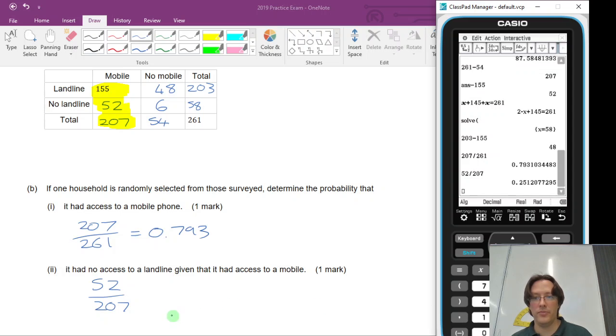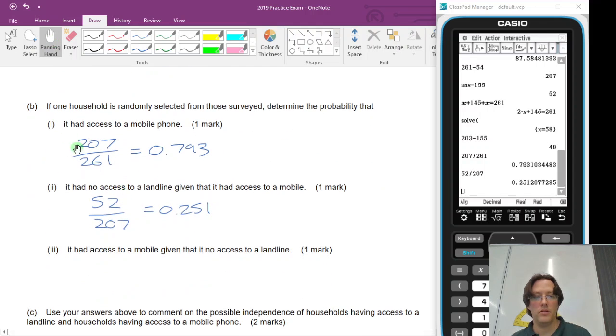And that decimal is 0.251. Technically, I should put approximates here because these are approximations, not exacts. But that's good there. This is enough to get the full mark, but we're going to possibly need other bits later on.